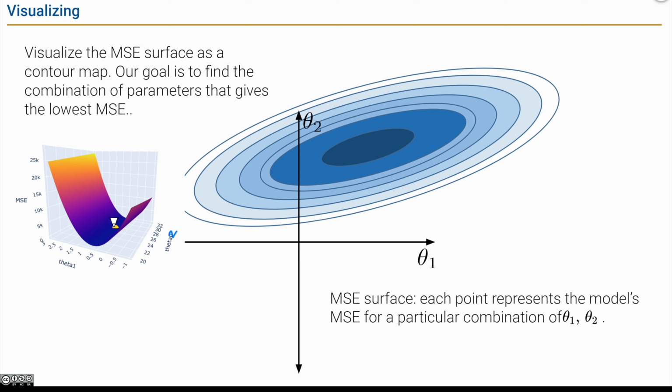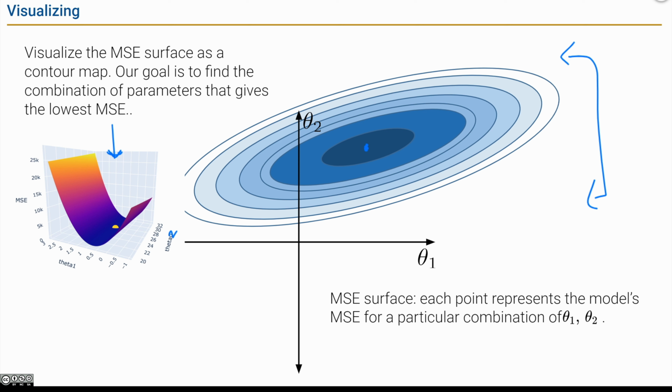The idea was we were trying to find the slope and intercept that give us the minimum mean squared error. Visually, what we're looking at in this picture is like a topo map or a contour map. We're looking downward, not on this exact function, but the idea is that you're looking downward on some cost function. This one has the shape of an ovally shaped bowl, and it's a valley, right?